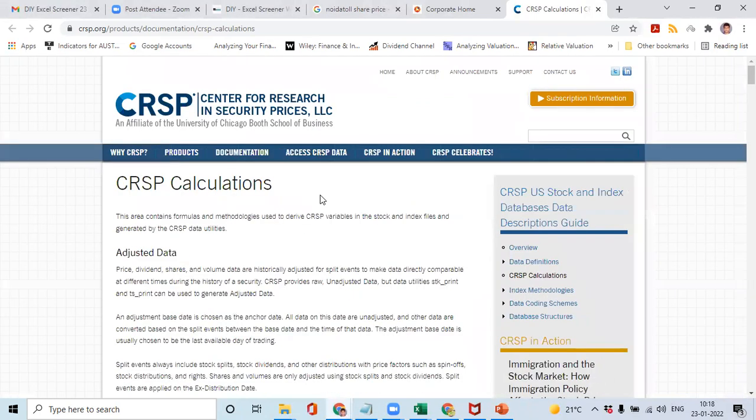That is the Center for Research in Security Prices, at Chicago Booth School of Business, a university in the US, which is a pioneer in collecting stock market historical prices and storing them. They publish the data, which is called the CRSP database. It goes back fairly long, probably to the 1950s.